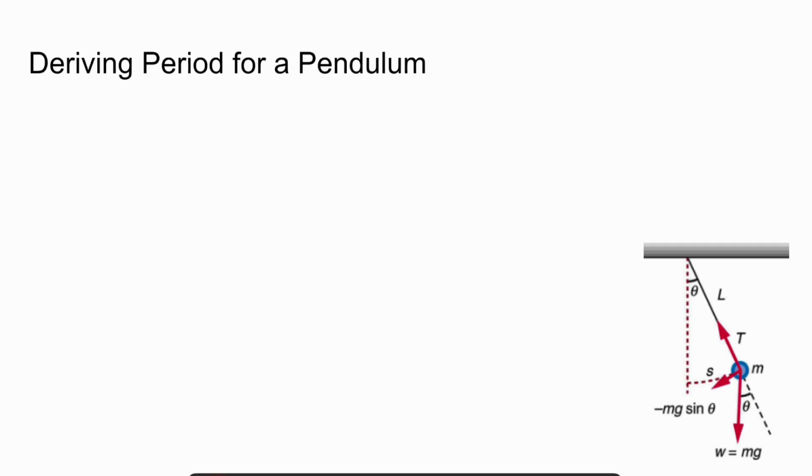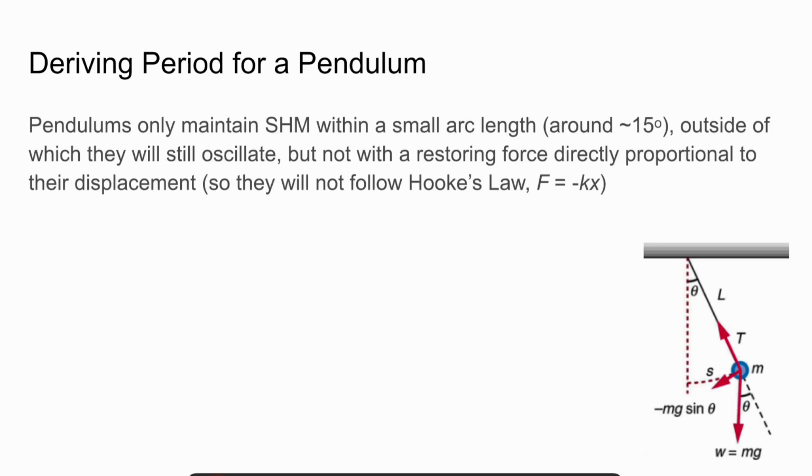So let's think about deriving an expression for a period for a pendulum. And first thing to note is that pendulums operate a little bit differently than spring systems, right? In a spring system, we have a spring, and within a certain range, the force of that spring should follow Hooke's law, right?